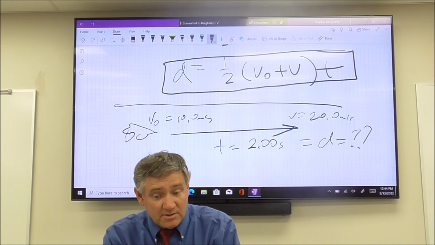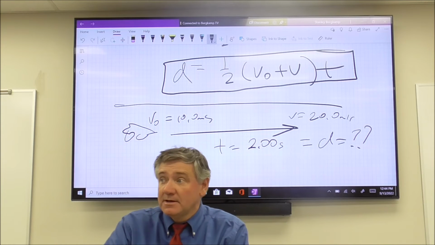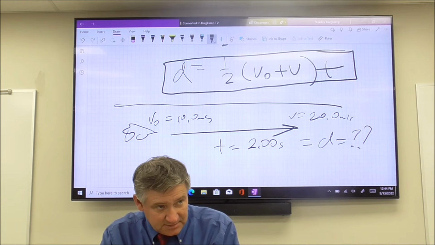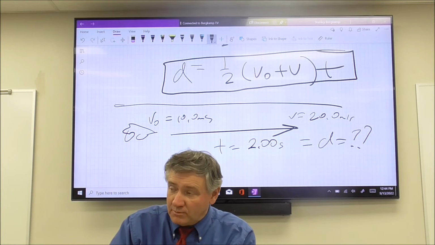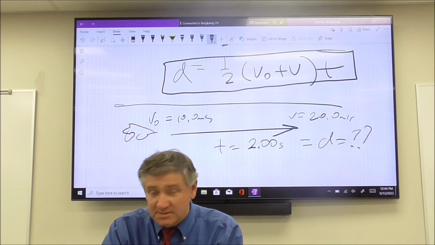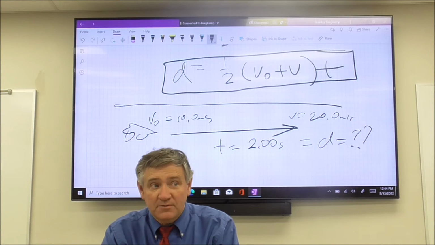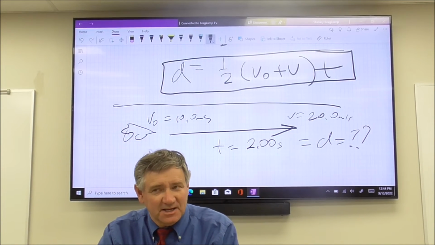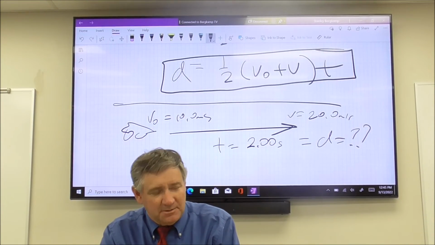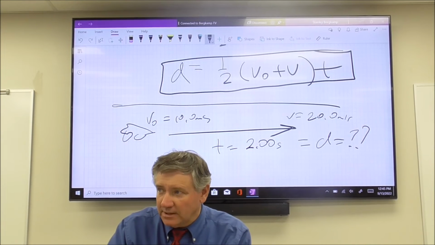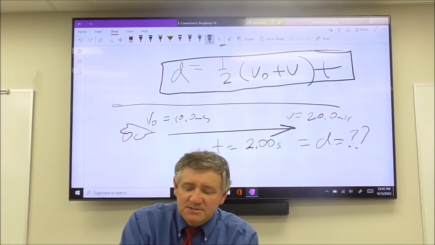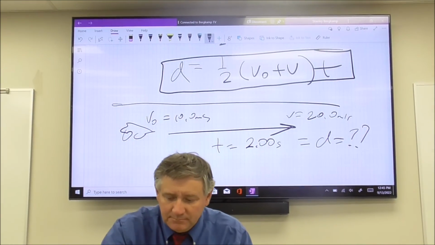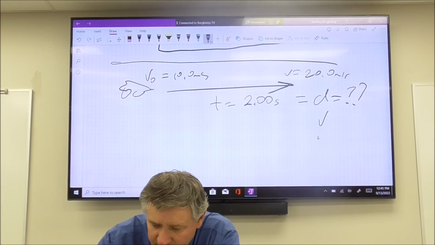I would say the car is moving at 10 meters per second. It's going to accelerate to 20 meters per second. It's going to travel 2 seconds. How far will the car travel during this time? All of these are going to be word problems. If you hate word problems, it's not going to end well. Let me give you a hint. Life is a word problem. Just solve it.